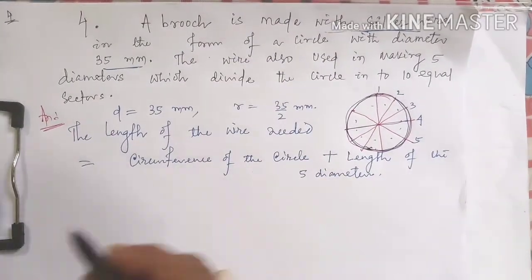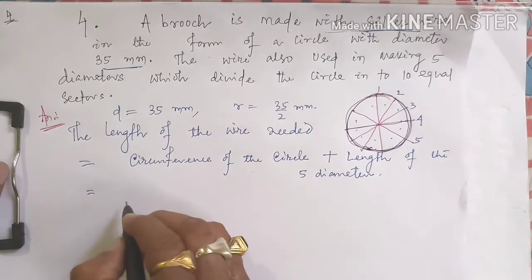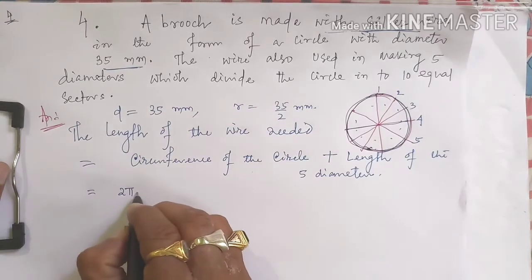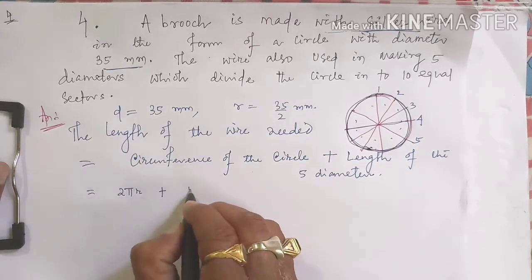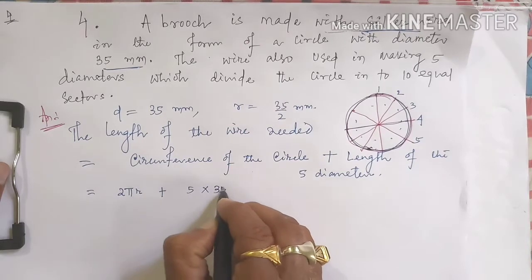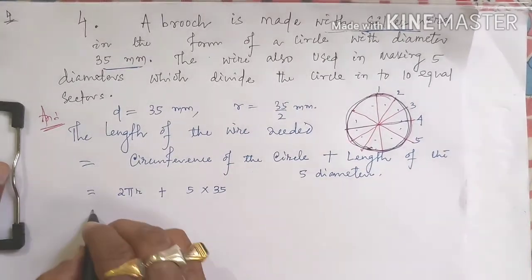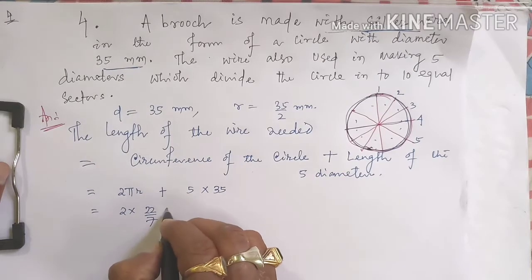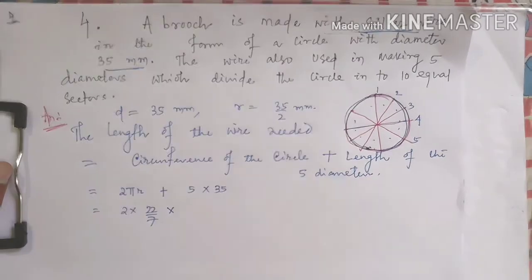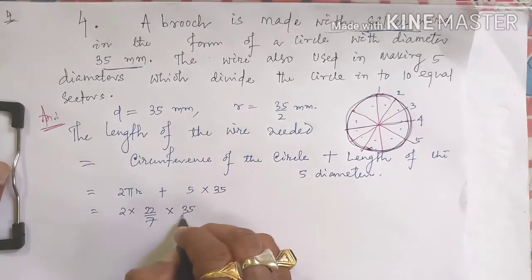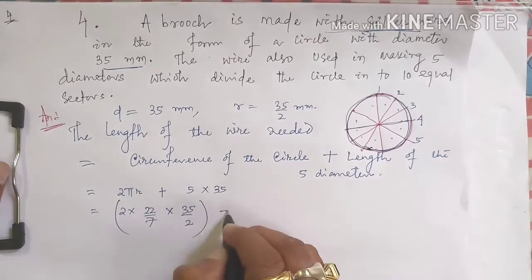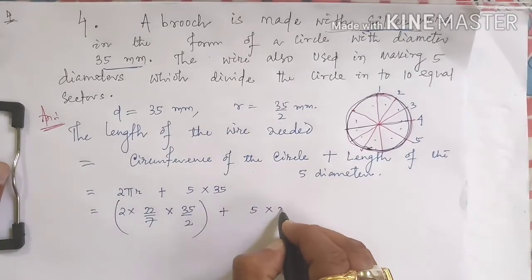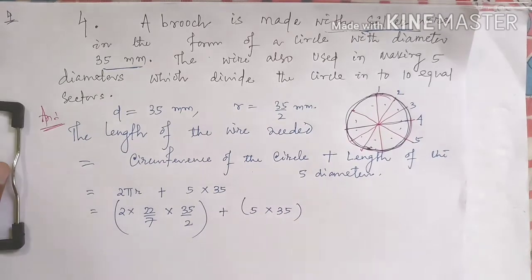So now you can calculate, it is 2 pi r plus 5 into 35. Now 2 pi, it is 22 by 7 into radius 35 by 2 plus 5 into 35.